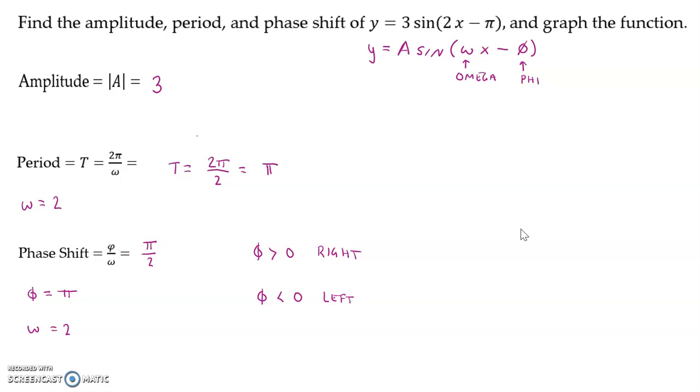So keep in mind, off our problem, our phi value here was pi, which is something that is positive. So we're going to be moving to the right pi over 2 units when we go to graph this function.